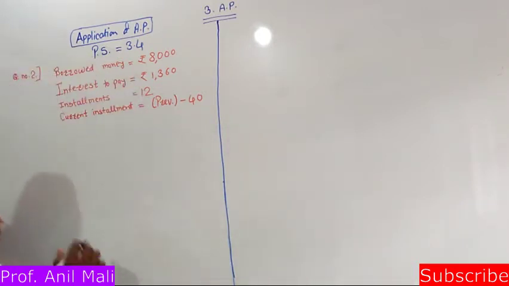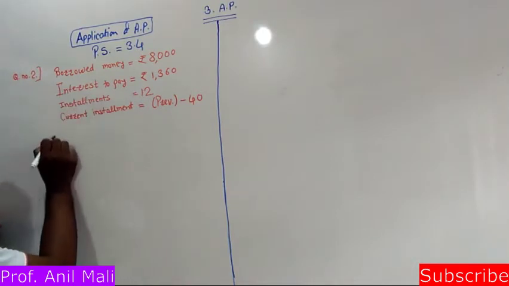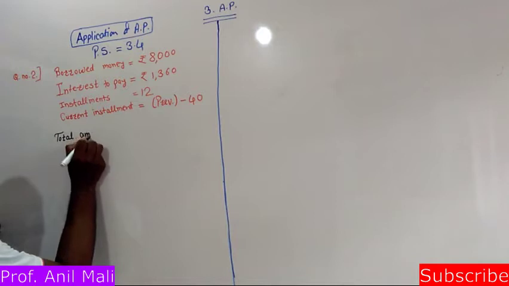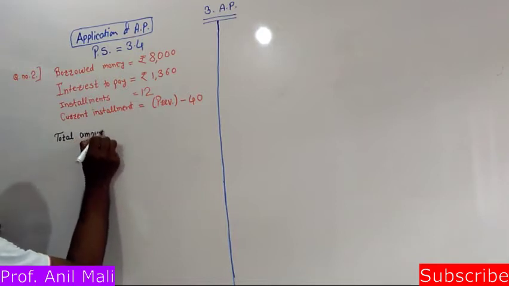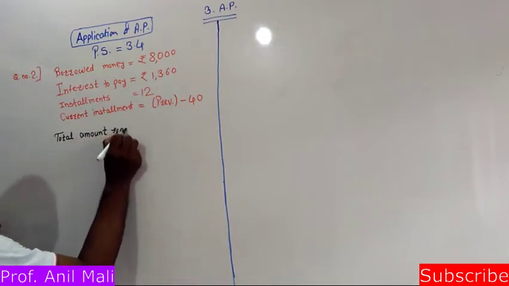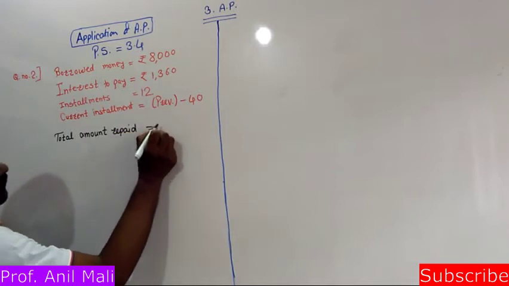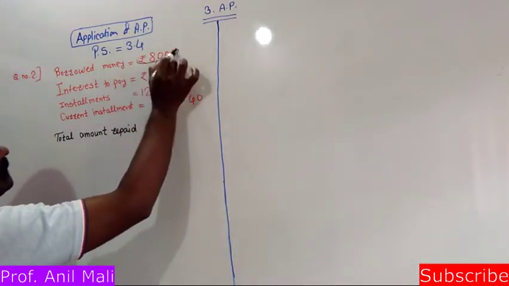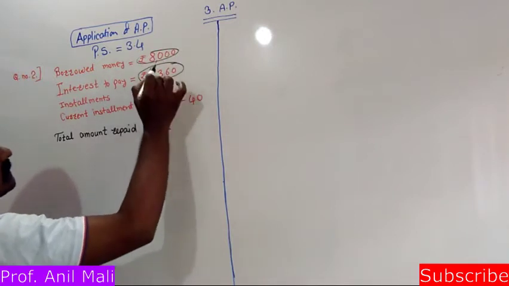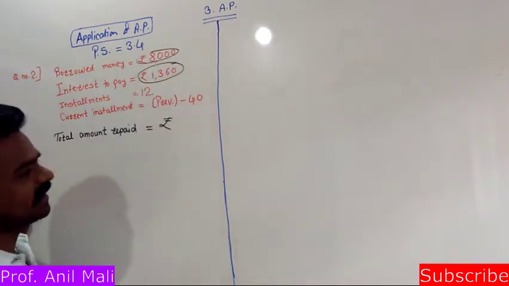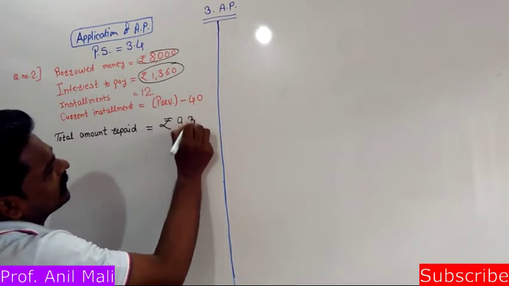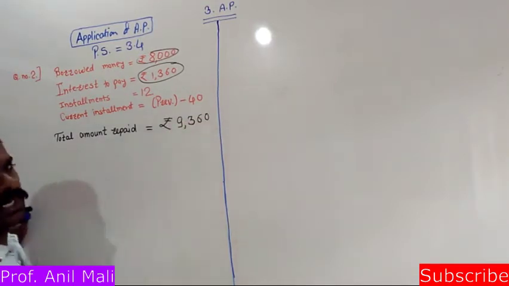So see here, the total amount repaid will be rupees, this 8,000 plus this 1,360, that means 9,360. This is the total amount to be repaid.